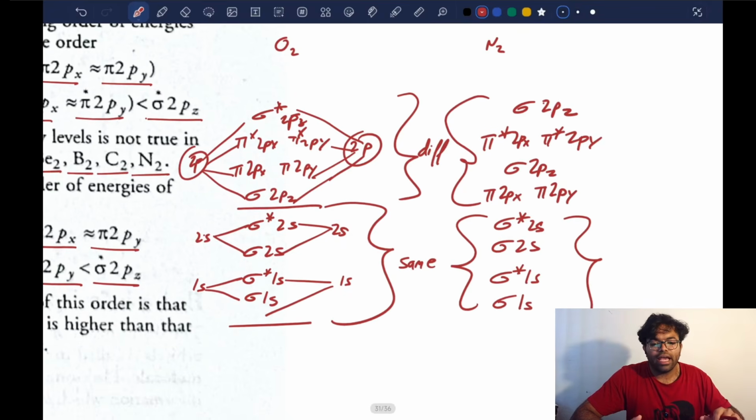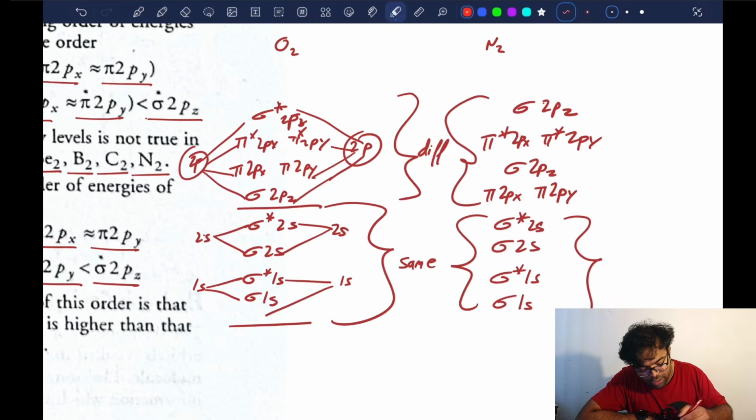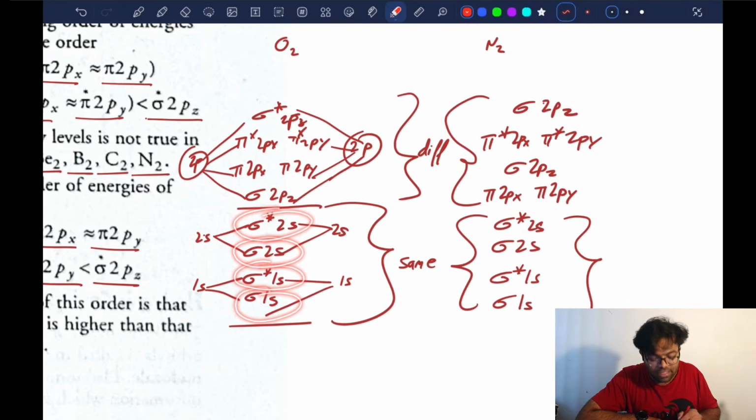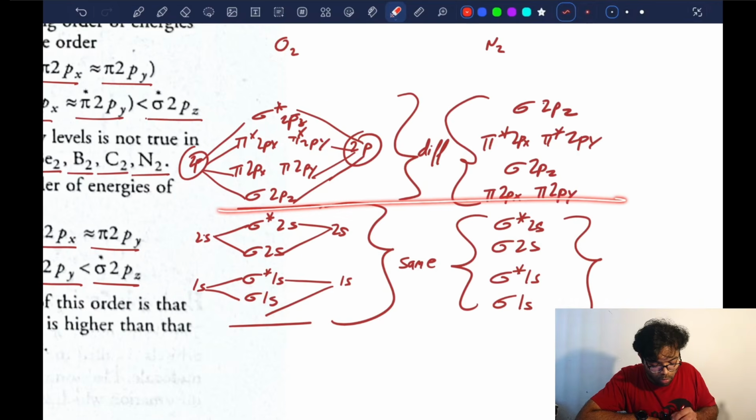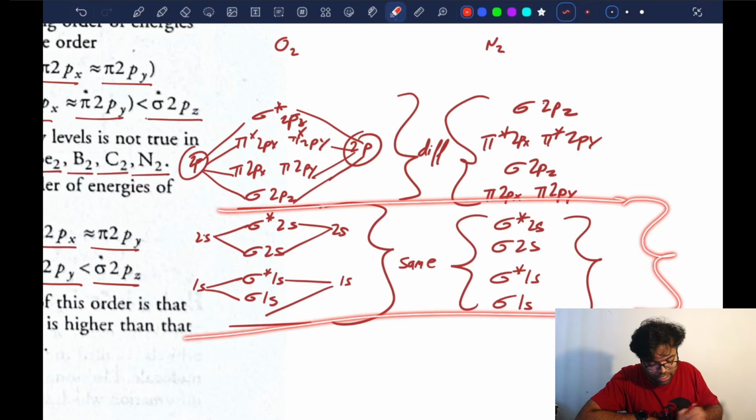Okay, so oxygen and nitrogen are going to have two different electronic arrangements. In the case of oxygen, you're going to have sigma 1s, sigma star 1s, sigma 2s, sigma star 2s. This is going to be the same for almost all the molecules that you're going to study.